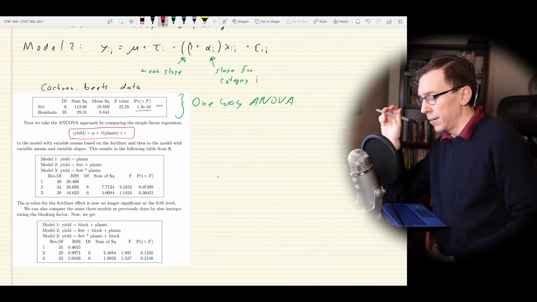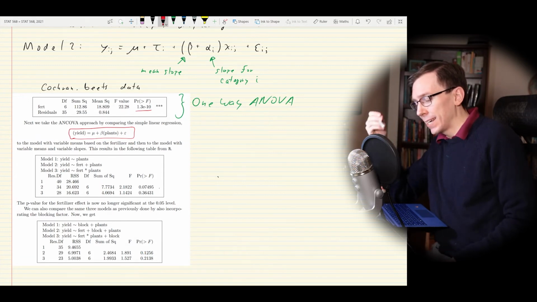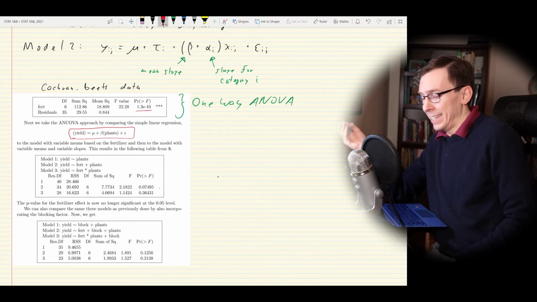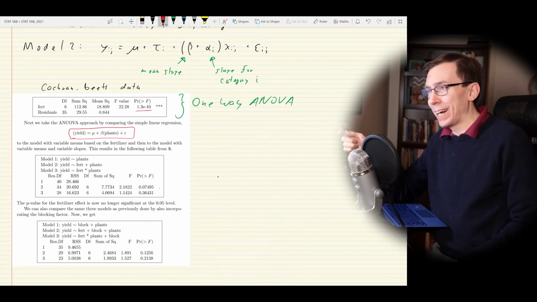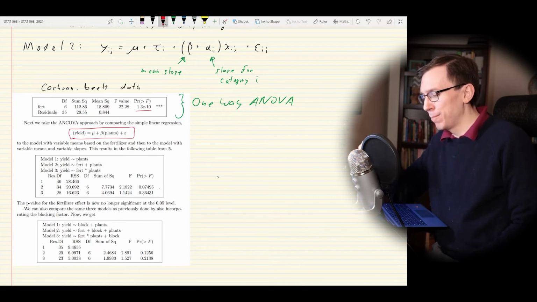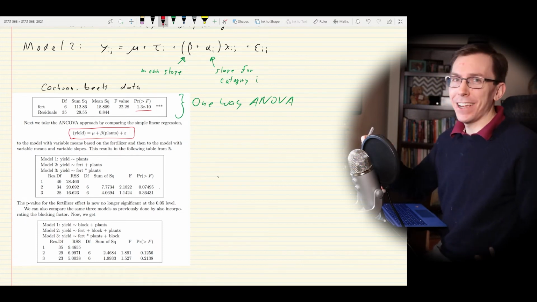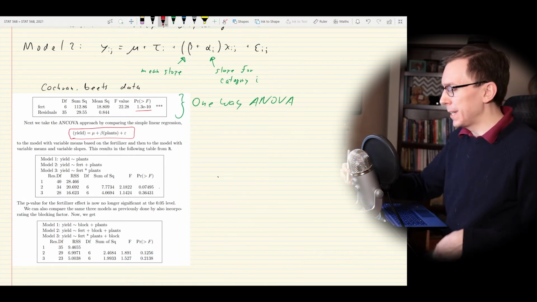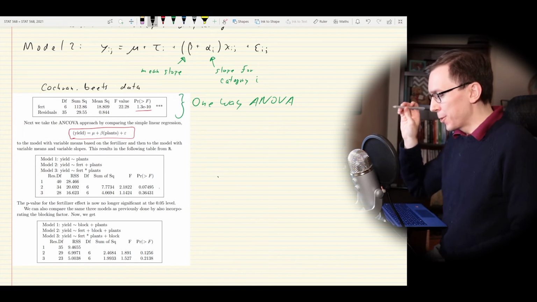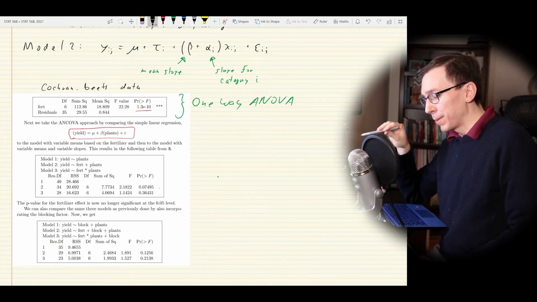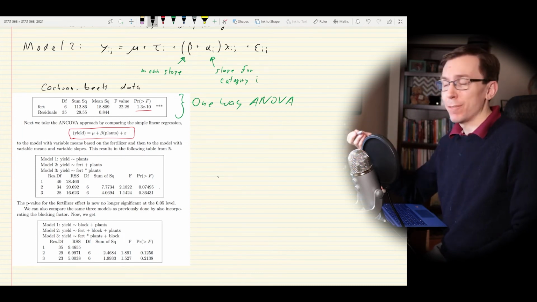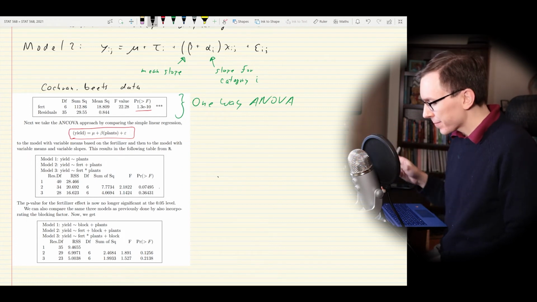In the red box, I am not including my factor at all. All I'm saying is I can use linear regression to determine if the yield is affected by the number of plants in the plot. And sure enough, it is. The more plants you have, the higher your yield will be on average. So we want to include the number of plants as a covariate for our data.